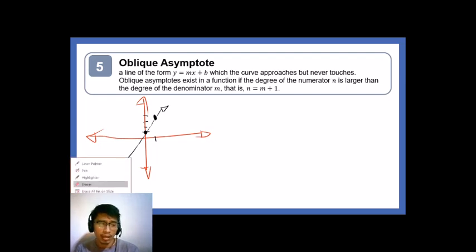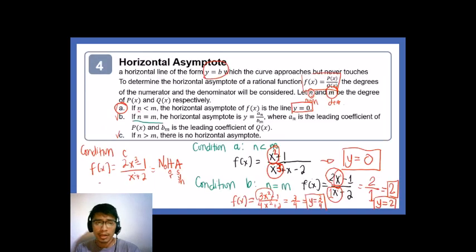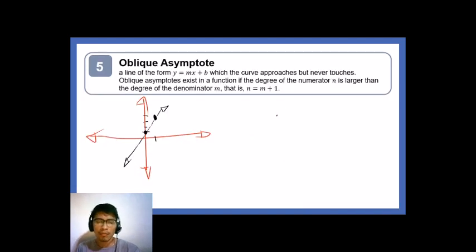As you can remember earlier, there is a possibility that you have no horizontal asymptote, and that is the condition where the degree of your numerator is greater than the degree of the denominator. So if that happens, automatically you have an oblique asymptote.